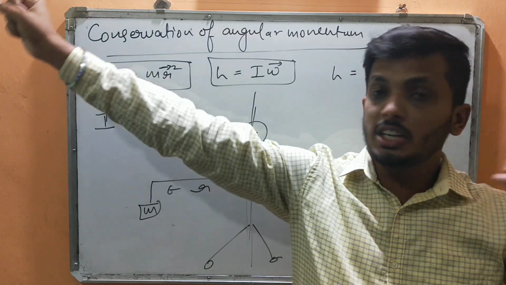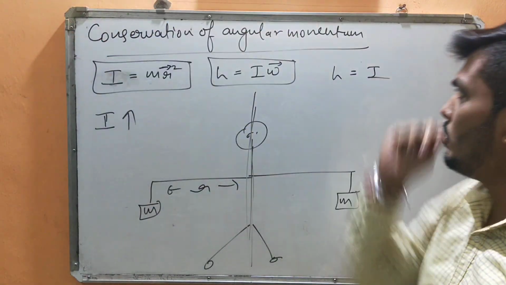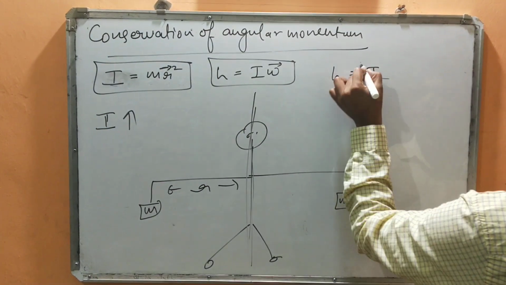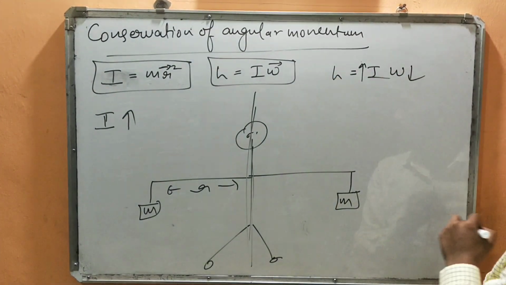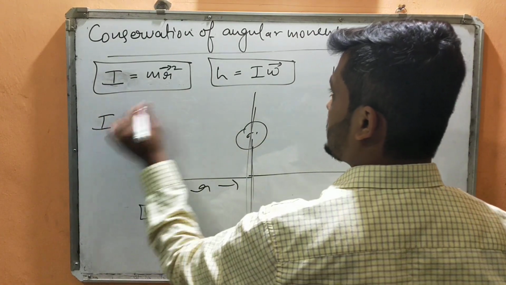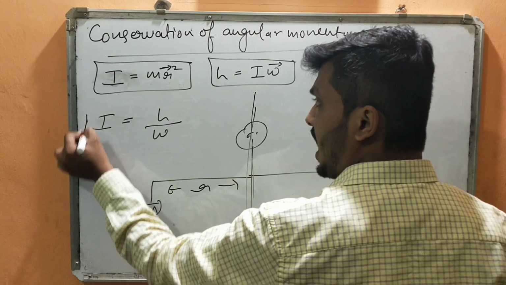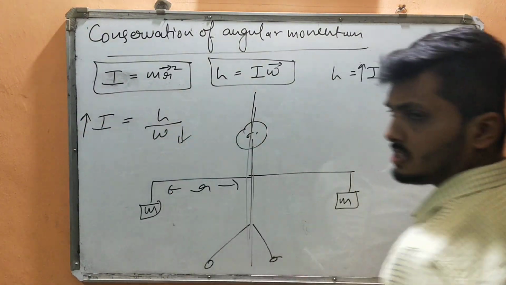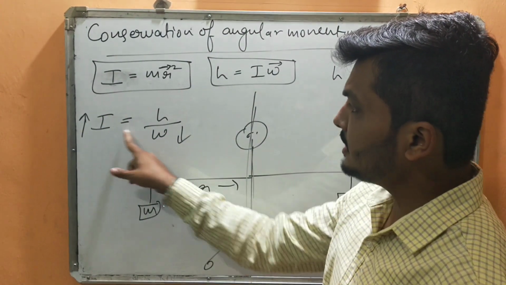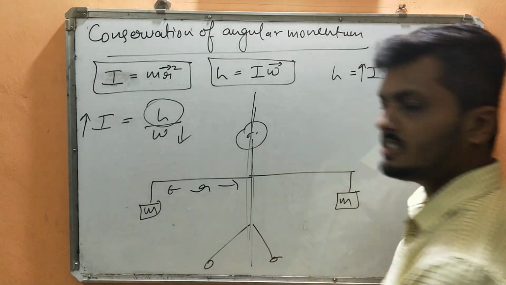What is moment of inertia? mr square. The distance is more, so mr square will be more. So in this case, I will be more, so omega will be less. How do we see it? Understand. If I take L from this, L is I omega. So in the first case, I is more, omega is less. So this is increasing, this is decreasing. Then this will not change. This will remain constant as it is.